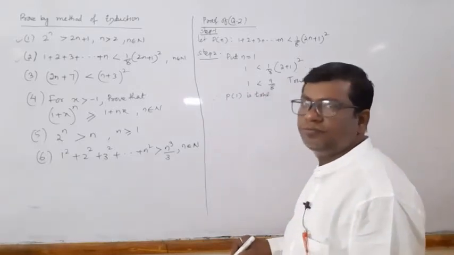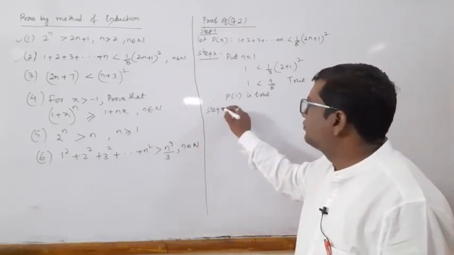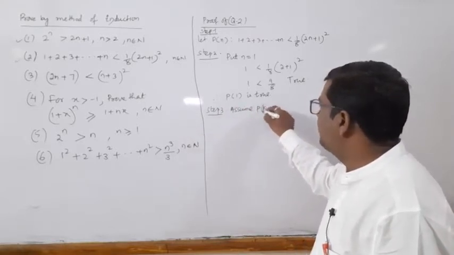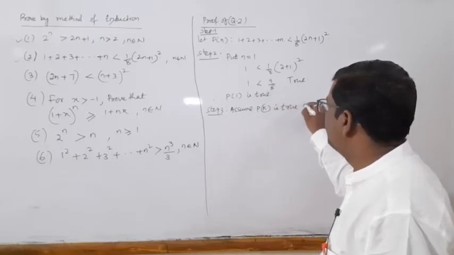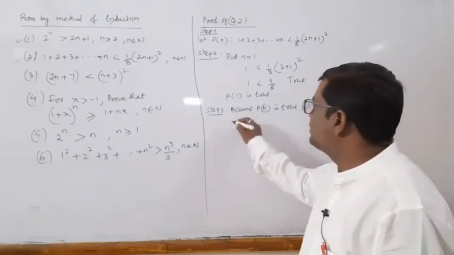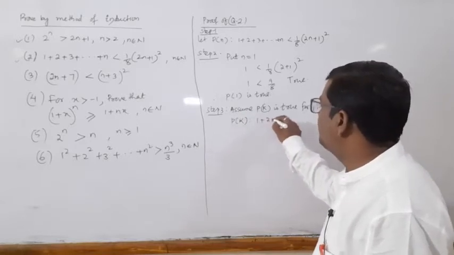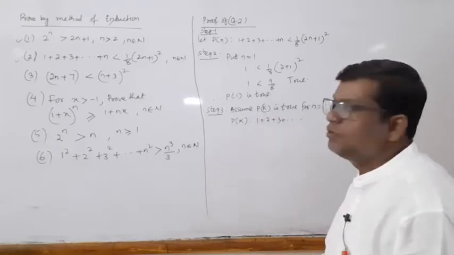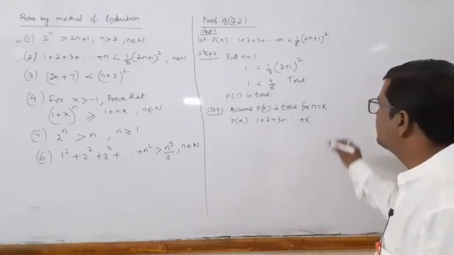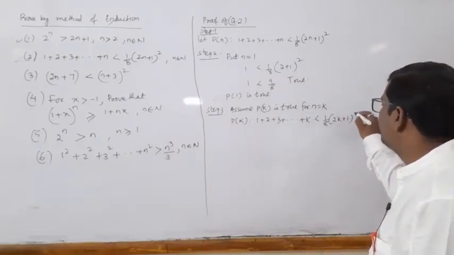Now assume P of k. Step 3: assume P of k is true for n is equal to k. So P of k is such that 1 plus 2 plus 3 dot dot up to k is less than 1 by 8 into (2k plus 1) whole square.